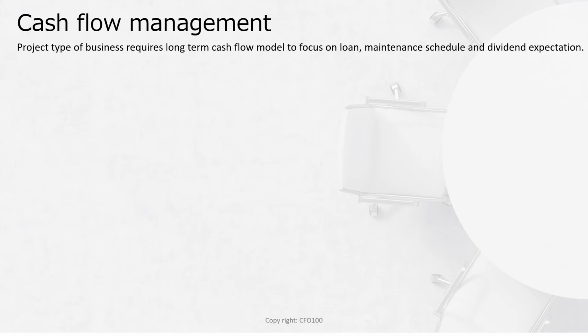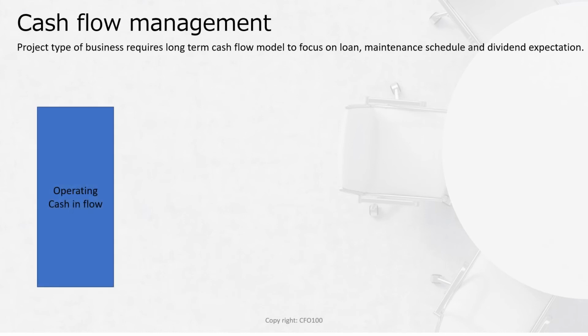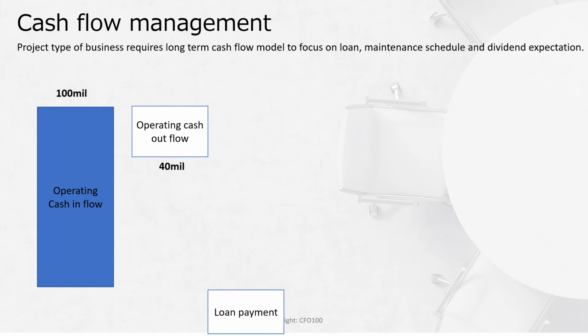Let's see how this is working. If the cash inflow from the operation is 100 million, you use the cash for ordinary business operating purpose first. Then, based on the loan agreement, interest payment and payback of loan principal happen.